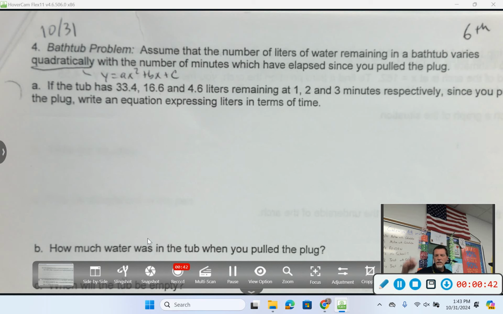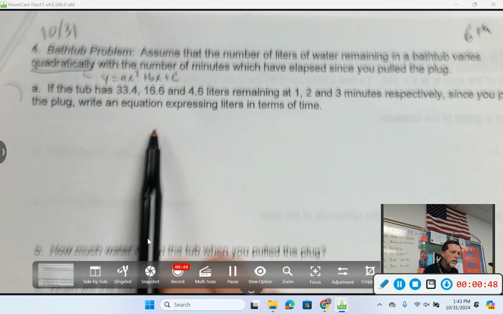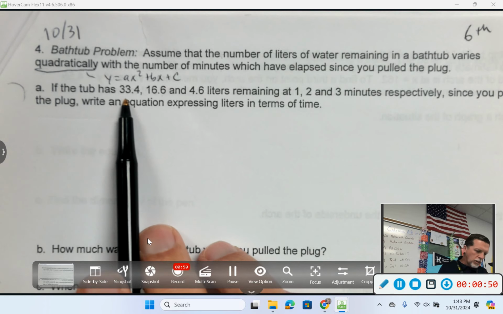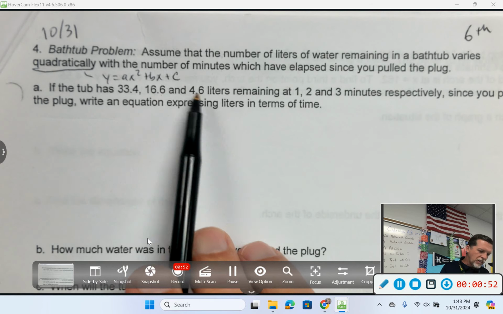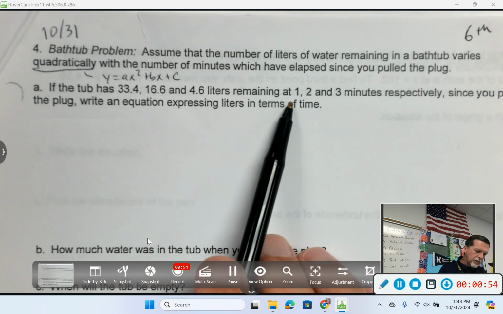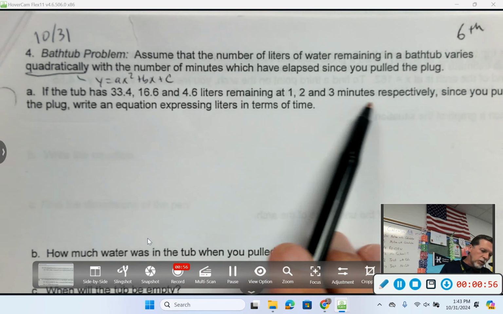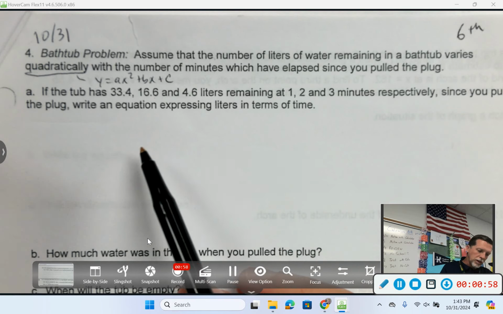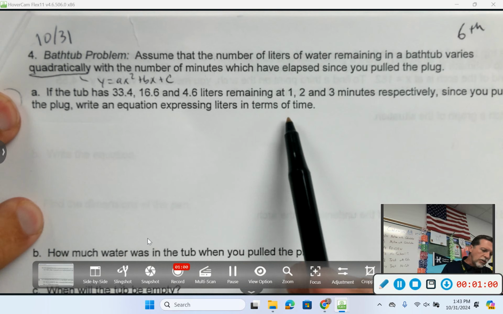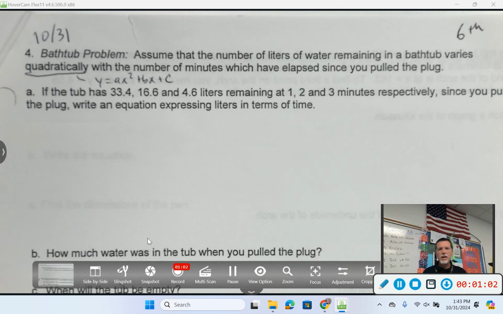So the water is draining, but it's not draining linearly, it's draining quadratically. If the tub has 33.4, 16.6, and 4.6 liters remaining at 1, 2, and 3 minutes respectively, since you pulled the plug, write an equation expressing liters in terms of time.